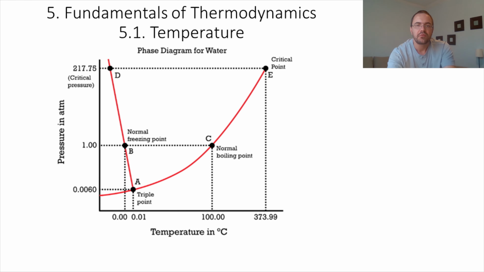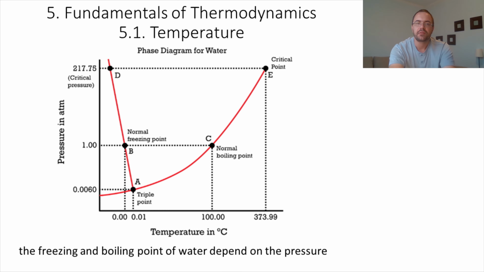And at a pressure of 1 atmosphere, you see that water freezes at 0 degrees Celsius and boils at 100 degrees Celsius. But you can see that if you decrease the pressure, then the freezing point increases and the boiling point decreases. So the freezing and boiling point of water depend on pressure, and that's not very convenient if the reference point depends on pressure.